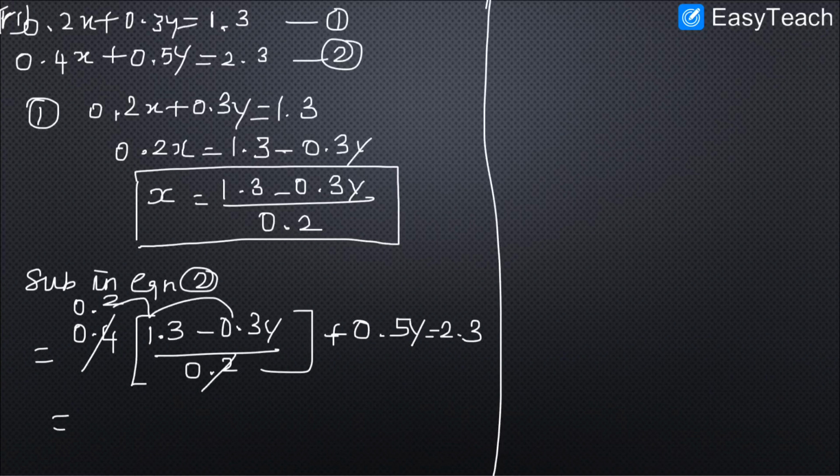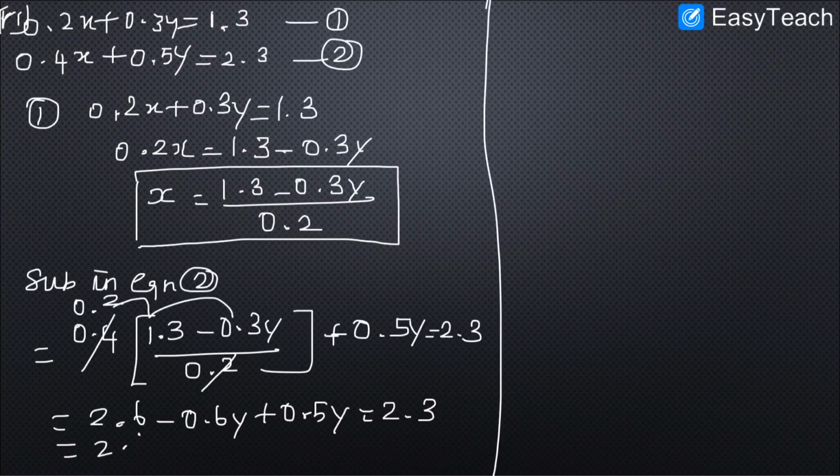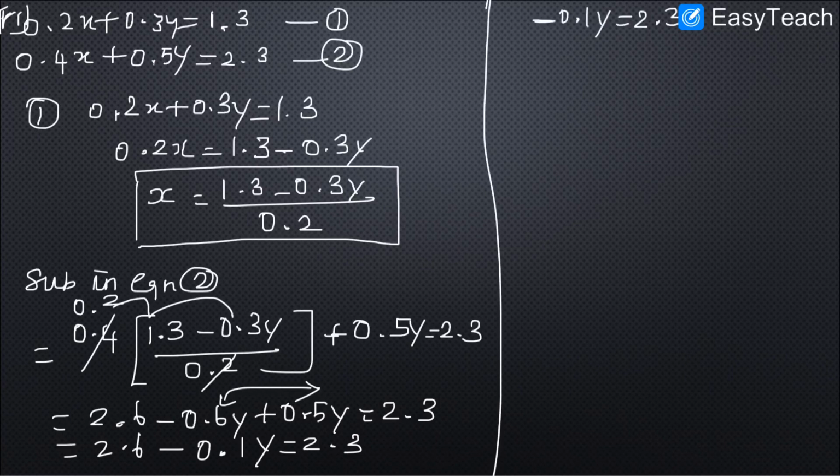Then multiply inside: 2.6 minus 0.6y plus 0.5y equals 2.3. So 2.6 minus 0.1y equals 2.3.